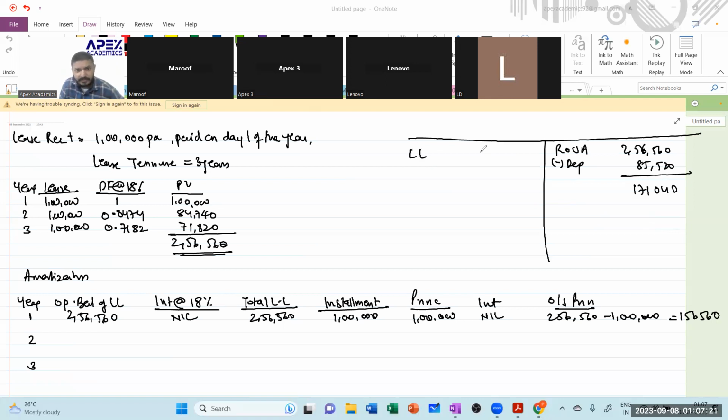Lease liability 256,560 less 1 lakh installment. This is essential.